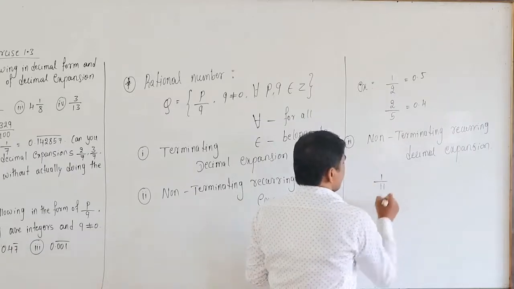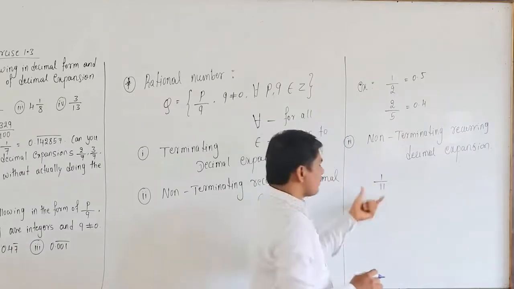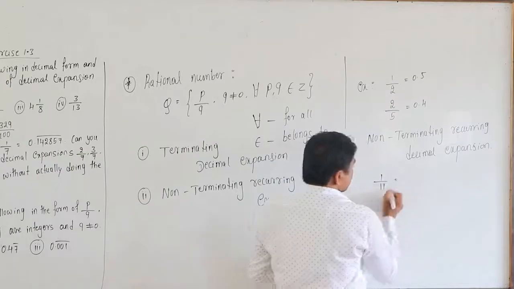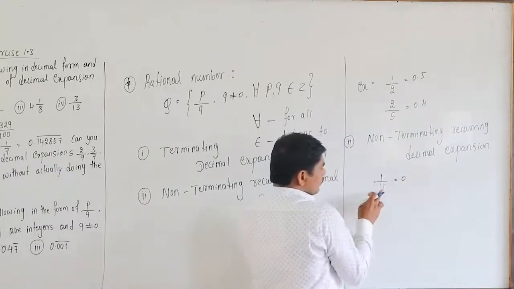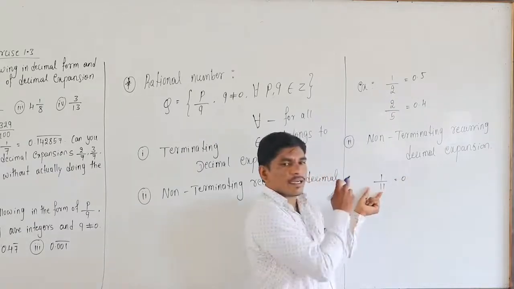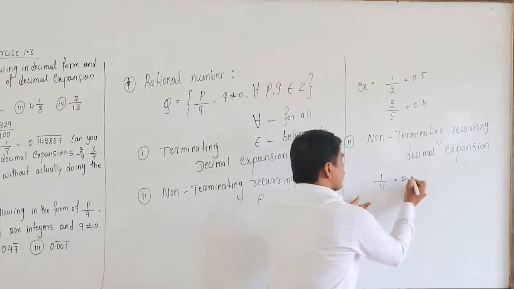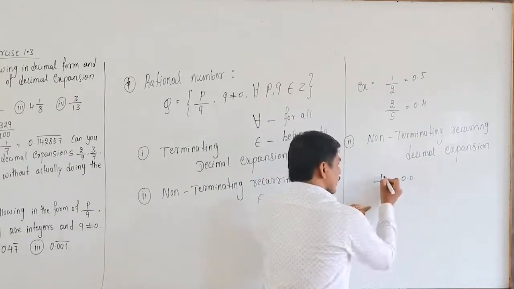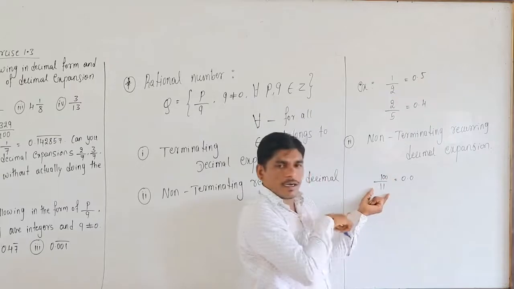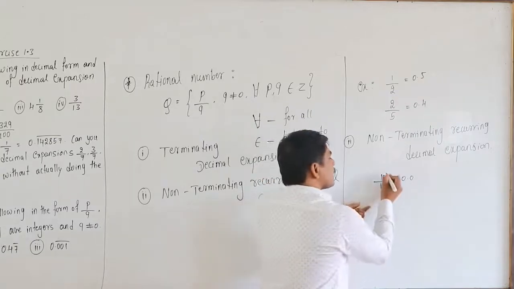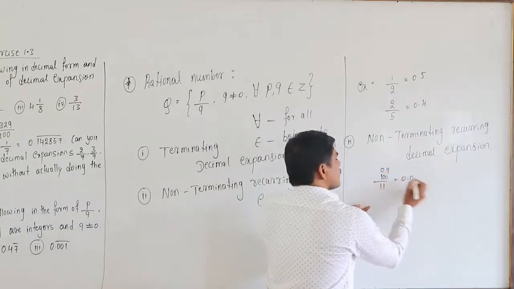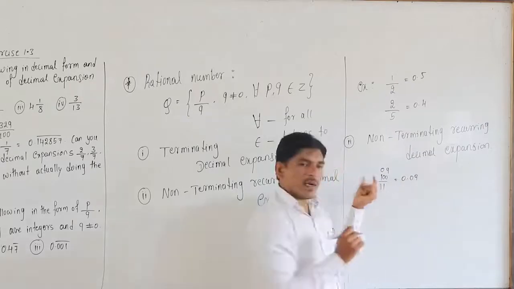1 by 11. After simplification, take a decimal point and 0. 10 is formed, but 10 is not divisible by 11. So you take one more 0, and 100 is formed. 11 nines are 99. Again 1 is remaining.